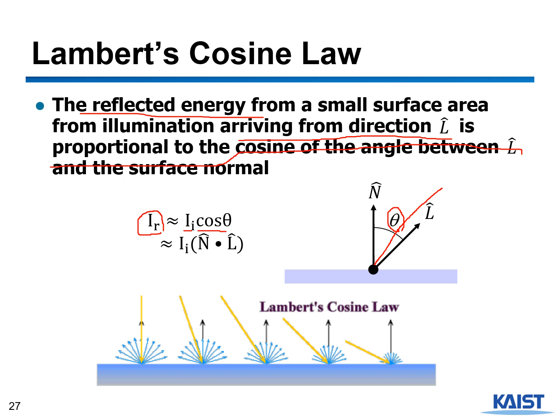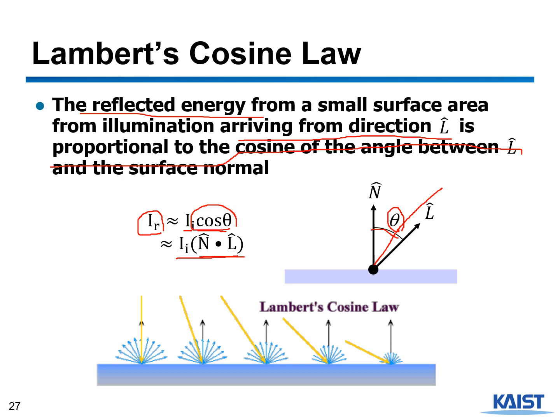So theta is here. This cosine term can usually be computed by the dot product between the two vectors n and L. So the reflected energy under an ideal diffuse reflector is governed by this equation.